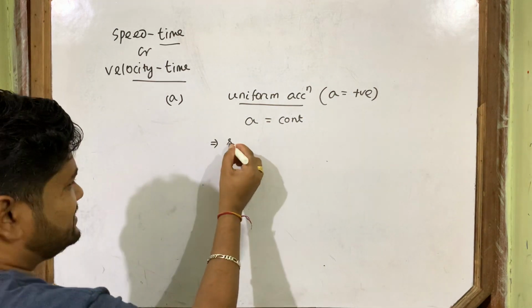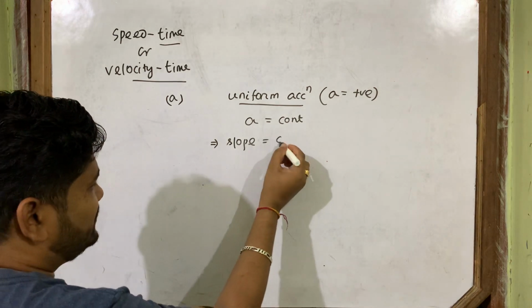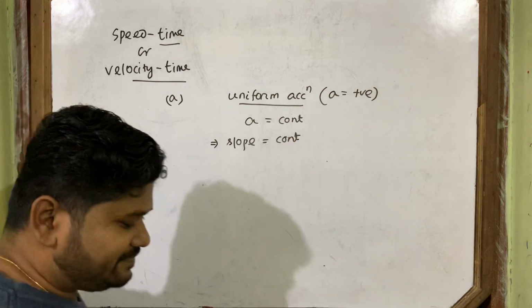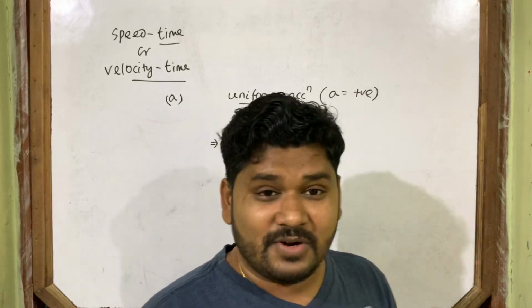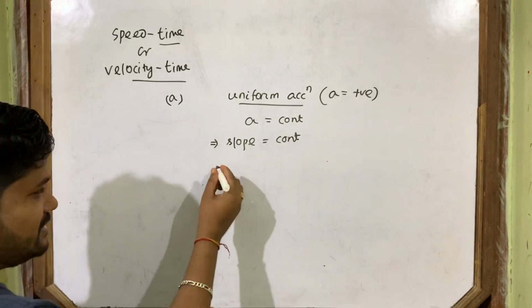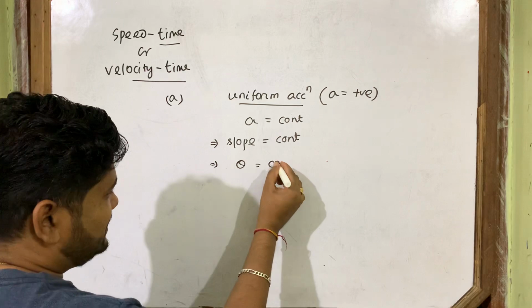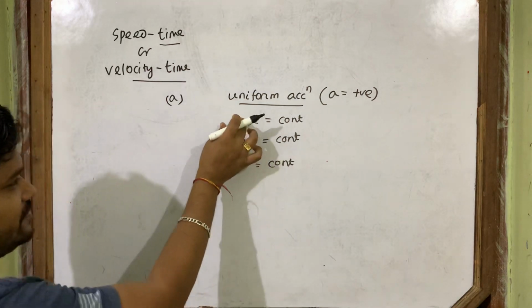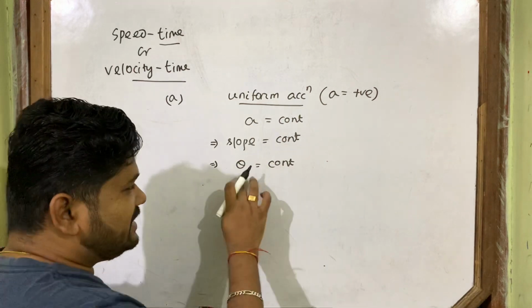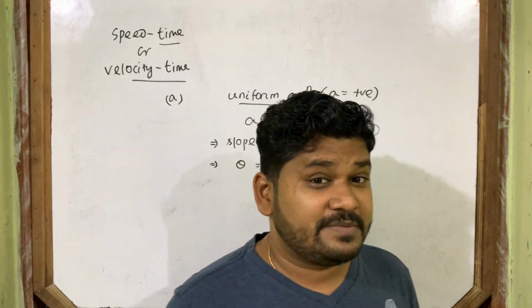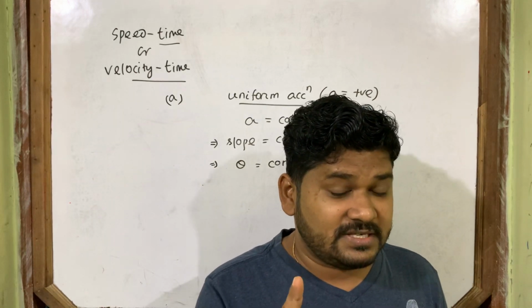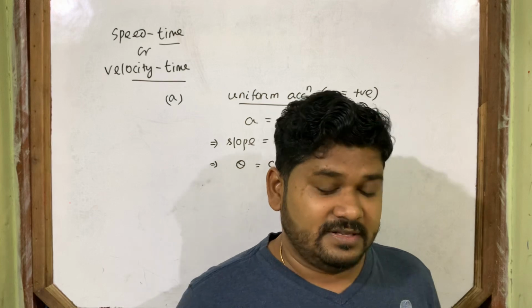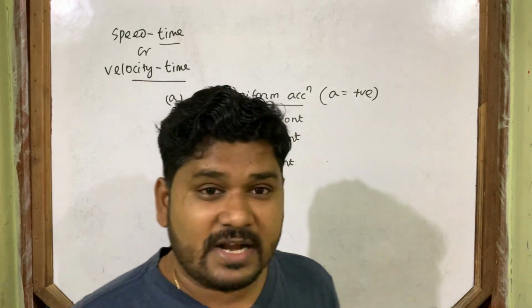If acceleration constant, can I tell slope constant? Slope constant means theta constant, because your slope means acceleration. If theta constant, the graph will be which type of shape? If angle constant, only one value of angle, the graph is obviously straight line.